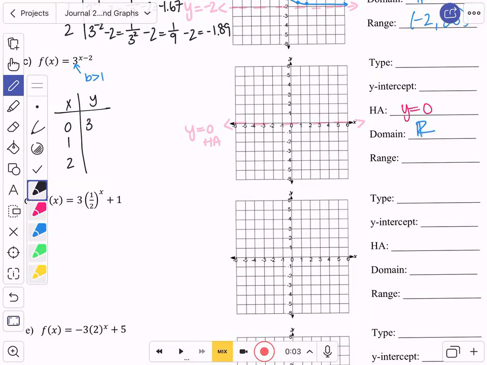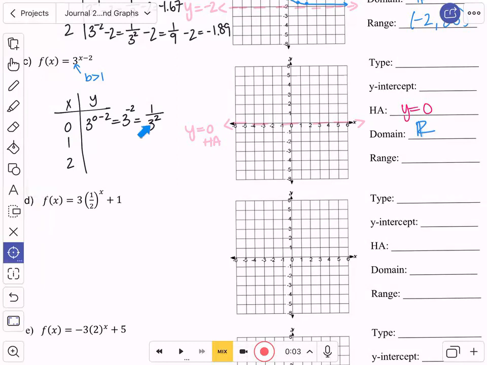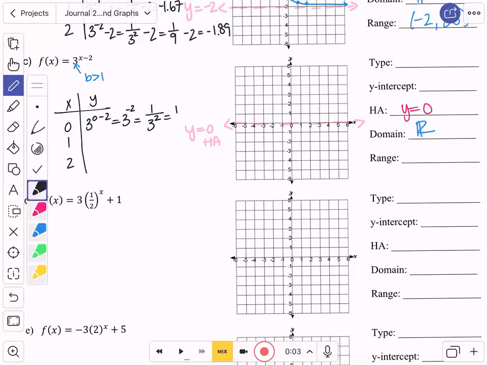So if I plug in 0, this is going to end up being 3 to the negative 2, which ends up being 1 over 3 squared. The negative exponent causes the 3 to be in the denominator. And so this is really 1/9. Or you might remember this is about 0.11 when you put it in the calculator.